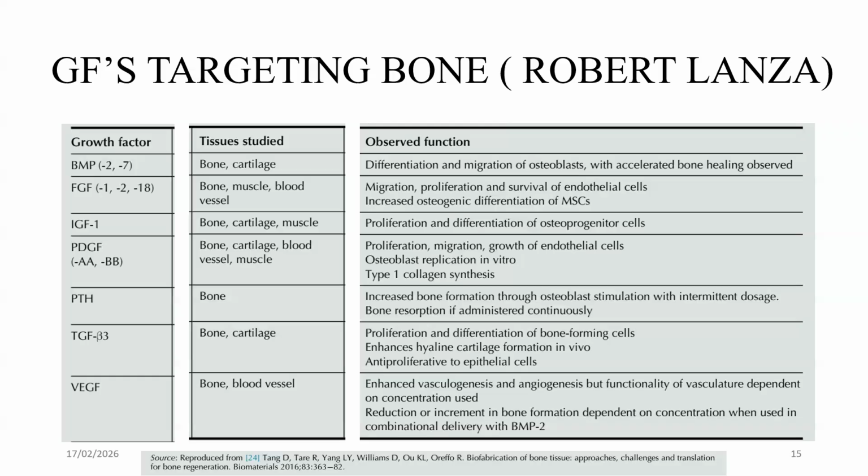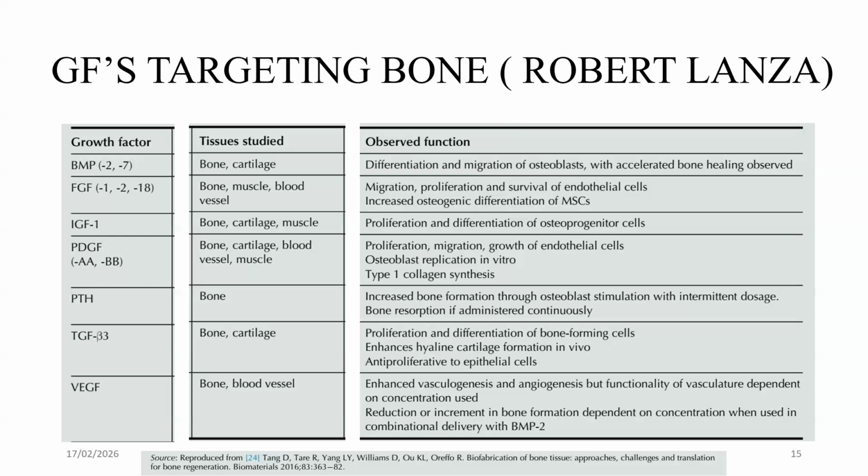PTH targets bone. TGF targets proliferation and differentiation of bone forming cells, enhances cartilage formation, and is anti-proliferative to epithelial cells. And then VEGF is specifically for vasculogenesis and, very interestingly, angiogenesis.